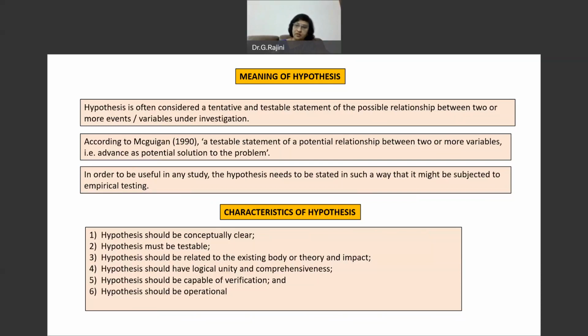So the hypothesis for ANOVA will differ, the hypothesis for t-test will differ, the hypothesis for correlation will differ, the hypothesis for regression will differ. It all differs because each one will be finding out answers in different ways. Supposing you take correlation, it is an interdependency technique.